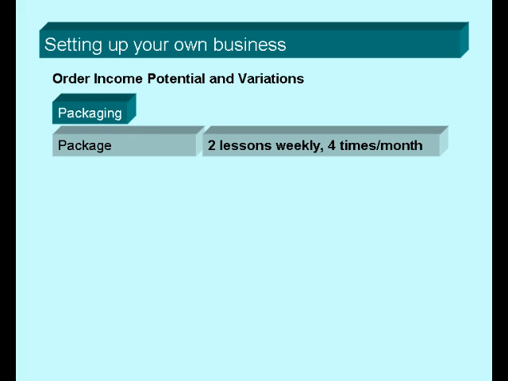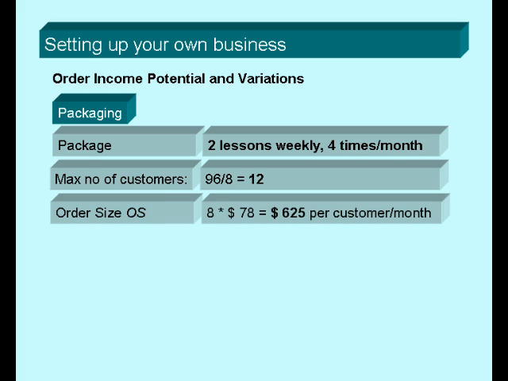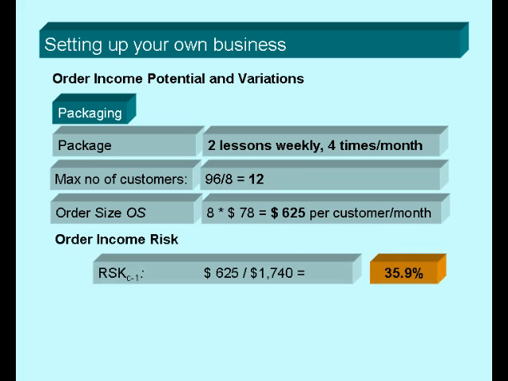Probably we will get customers asking for a regular lesson, let's say 2 lessons weekly, 4 times a month. Then the maximum number of customers we can take are 12 and the order size will be 8 lessons per month times $78 per lesson equals $625 per customer per month. We can calculate our order income risk.